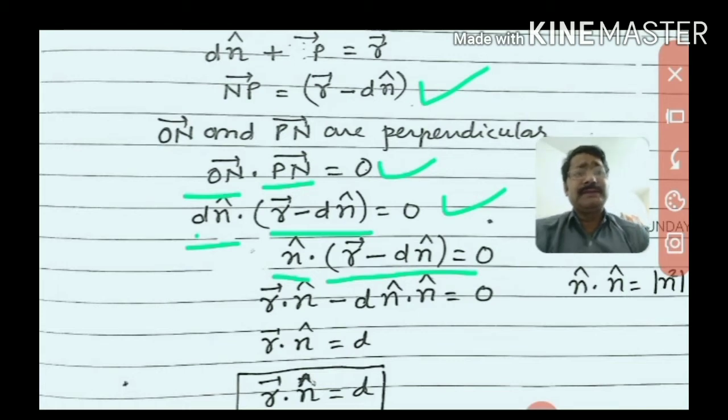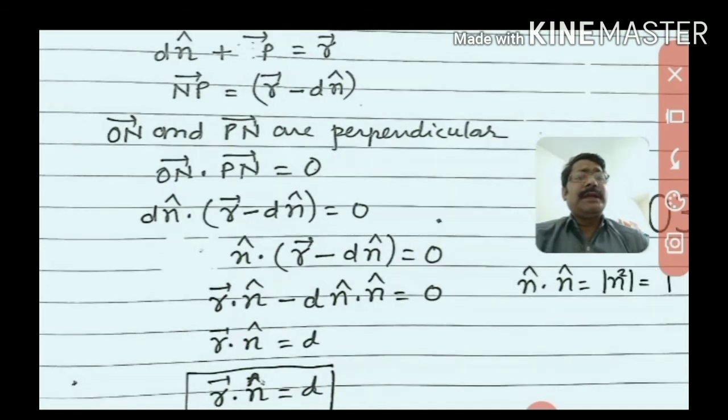You open the bracket. When you open the bracket, you get r vector dot n cap minus d n cap dot n cap. Look here, n cap dot n cap equals the modulus of n cap squared, and n cap is a unit vector, so its modulus is 1.